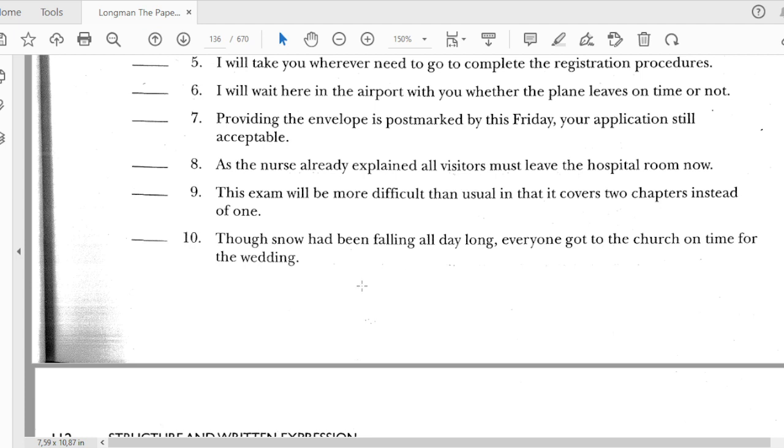This exam will be more difficult than usual in that it covers 2 chapters. Incorrect. Although snow had been falling all day long, everyone got to the church on time for the wedding. Correct.